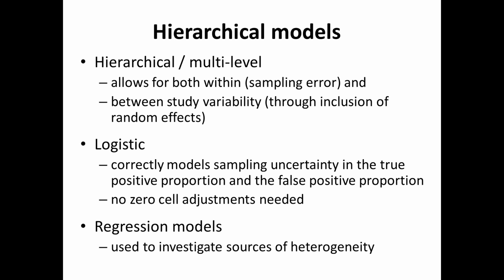For example, we could be looking at age groups, or we could be looking at different continents where the studies were done. We can put that into the model as a covariate, and we can do the same too when we compare tests. We can use test type as a covariate in our model to look at the differences in accuracy between tests.